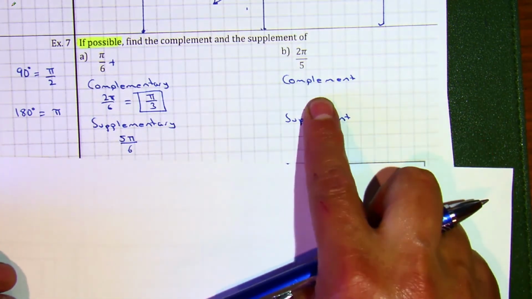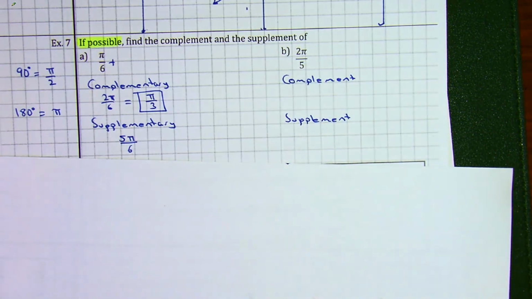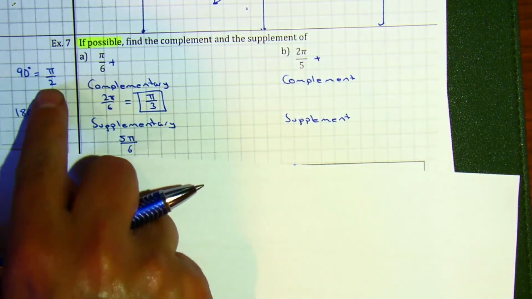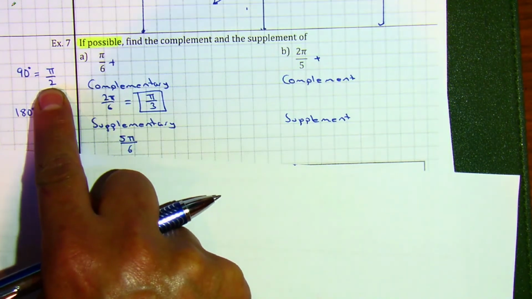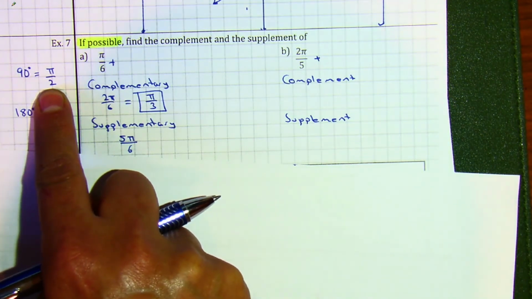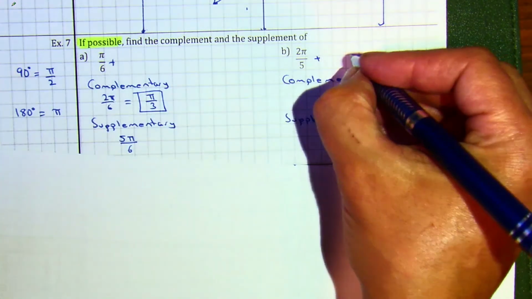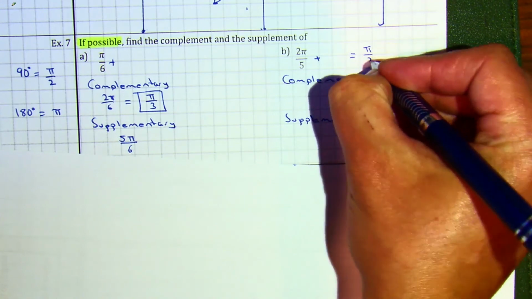So what is the complement of 2 pi over 5? What do we need to add to 2 pi over 5 to end up with pi over 2? What do you think it is? Well, I need to end up with pi over 2, correct?